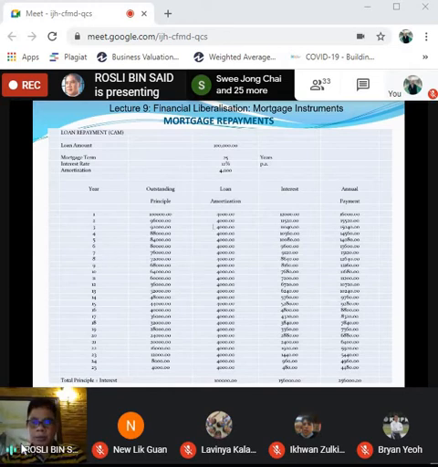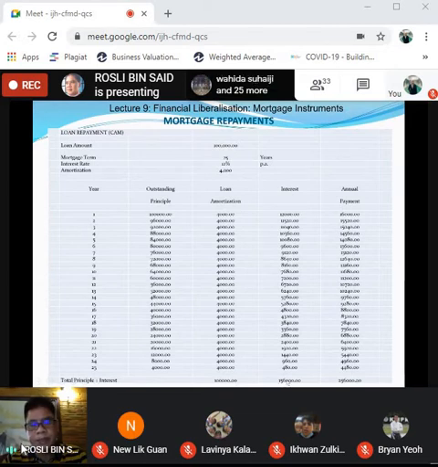So all in all, the annual payments that we actually have to pay to the financial institution is 256,000, as compared to the loan amortization, which is fixed, and then the balance is 156,000.